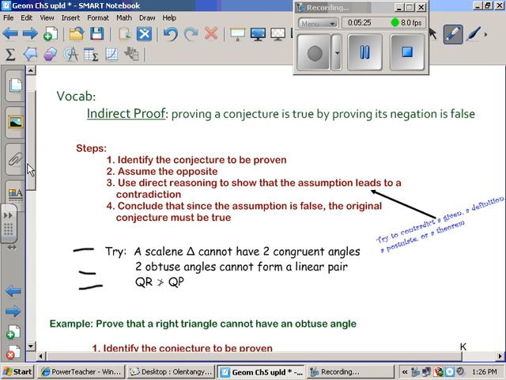You'll notice that every one of these statements that I'm going to use an indirect proof with has a negative. A scalene triangle cannot have two congruent angles. Two obtuse angles cannot form a linear pair. QR is not greater than QP. Okay, that tells me it's going to be an indirect proof.